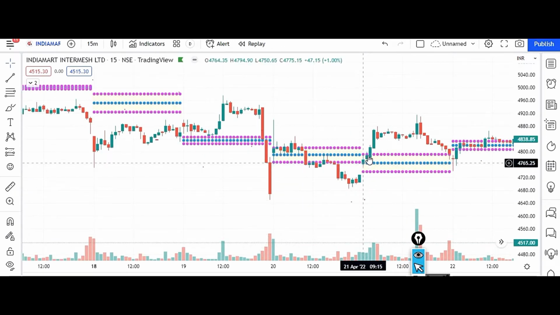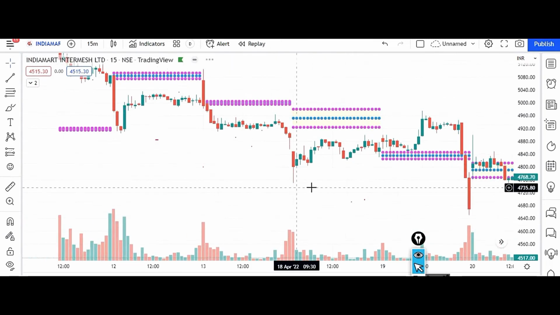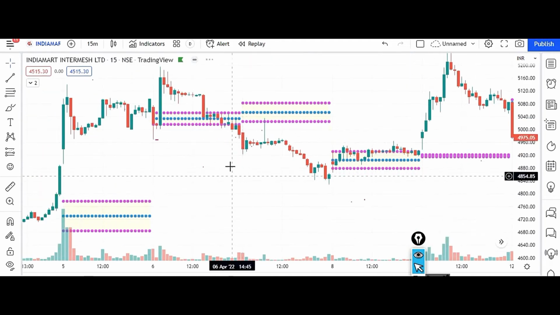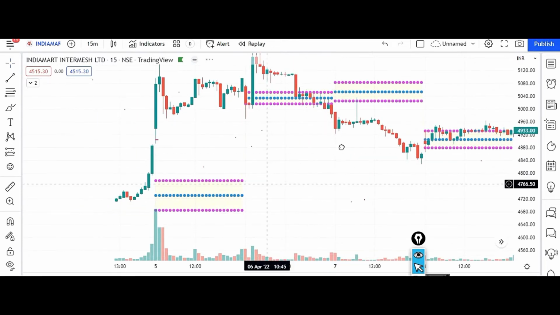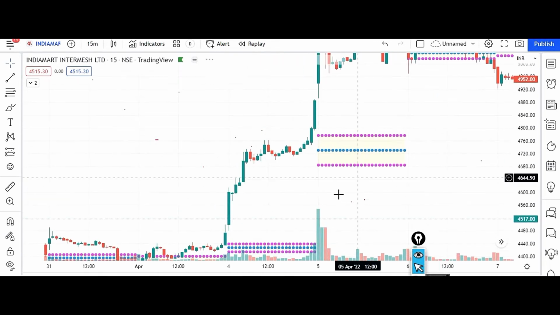Open between the CPR, it will be in the top side only all the day. Price touched this level and reversed. You see, short on this week. Here price didn't touch, but it is in sideways only.